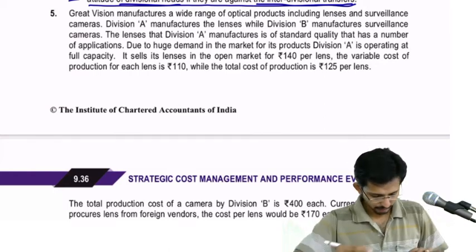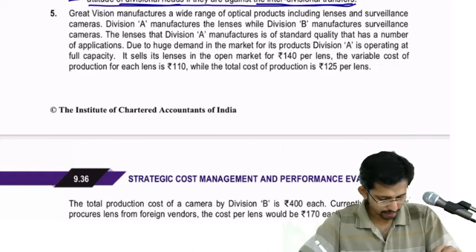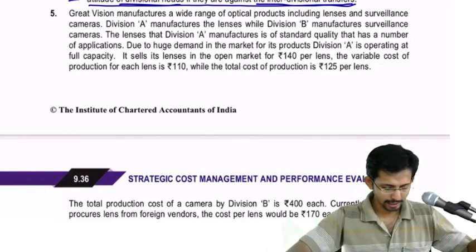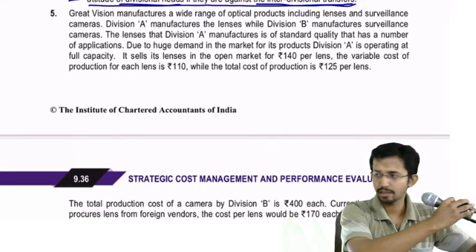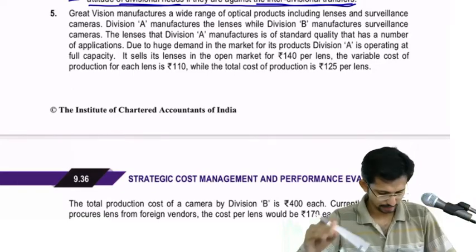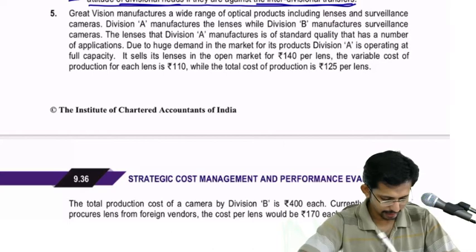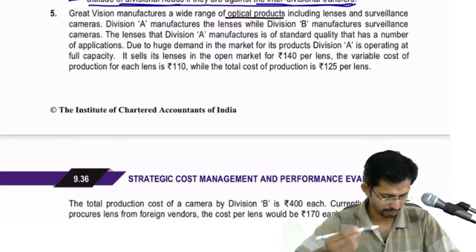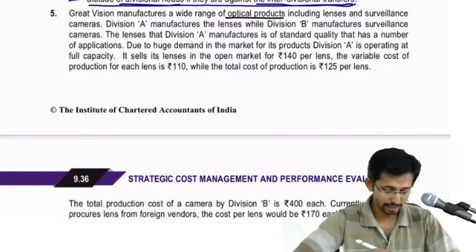Okay, Great Vision manufactures a wide range of optical products including lenses and surveillance cameras. So Great Vision is an entity, and this entity is manufacturing. What does it manufacture? It manufactures a wide range of optical products including lenses and surveillance cameras.